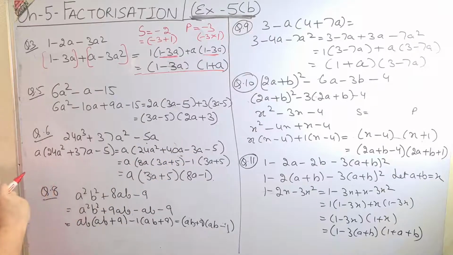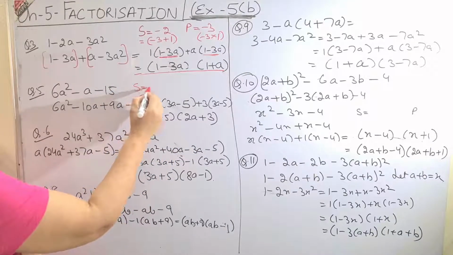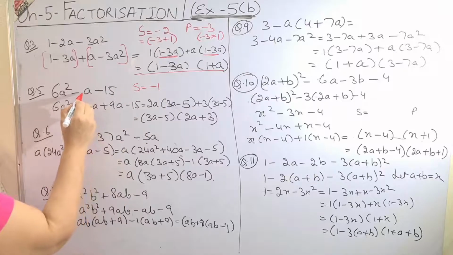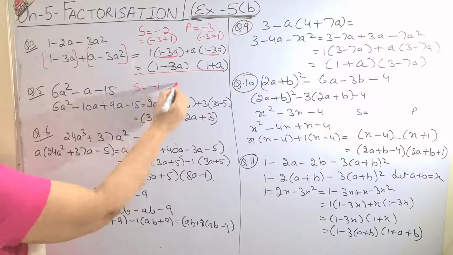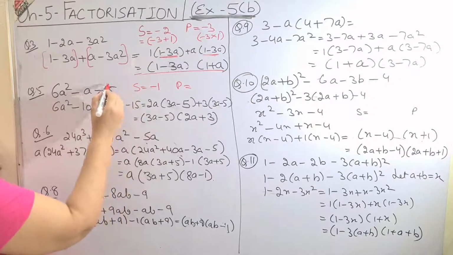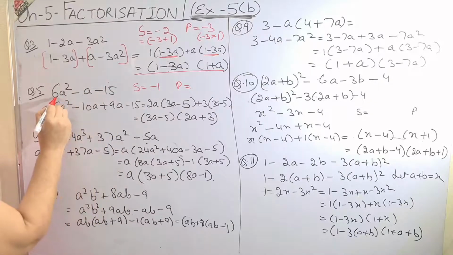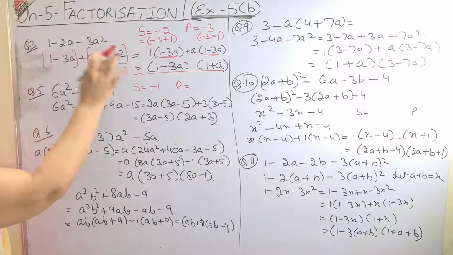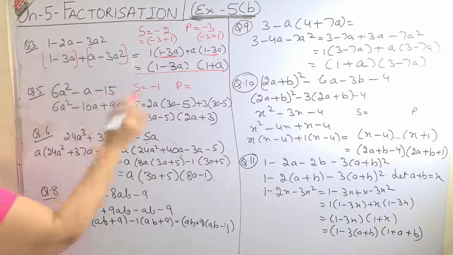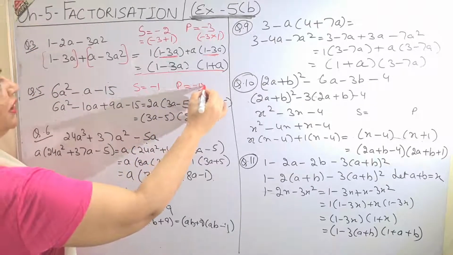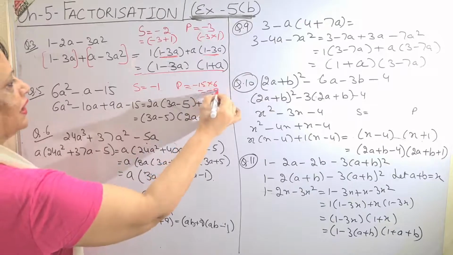Similarly, question number 5. Now sum should be minus 1, the coefficient of the middle variable, and the product means the product of the constant and the coefficient of the first term. Here it was 1, so I didn't have to, but over here it is 6. So minus 15 into 6, that is equal to minus 90.